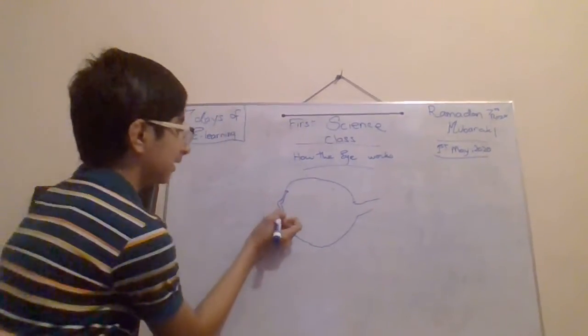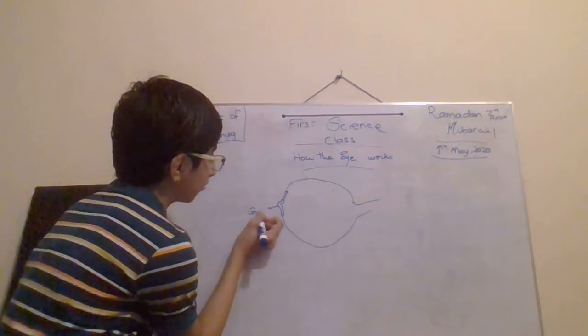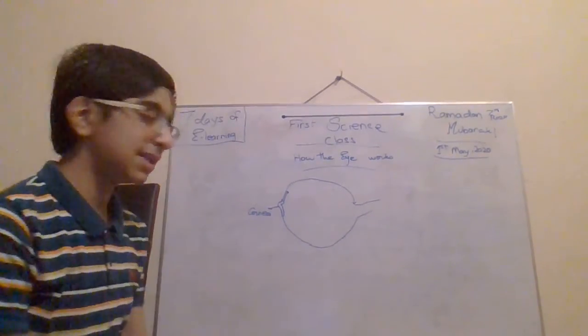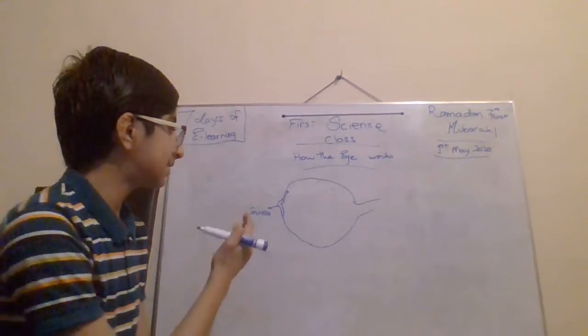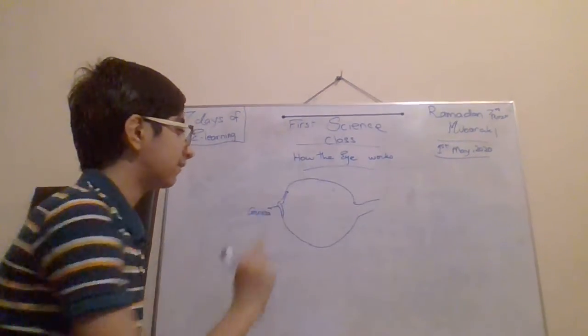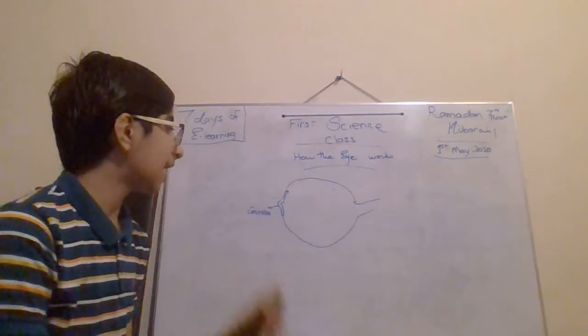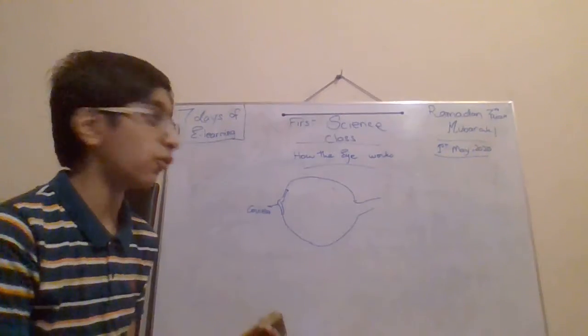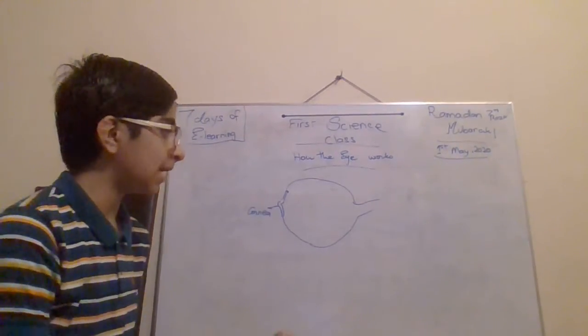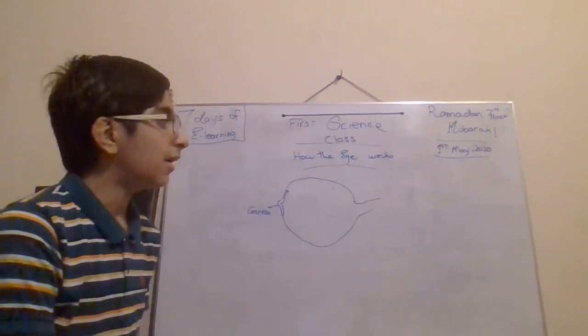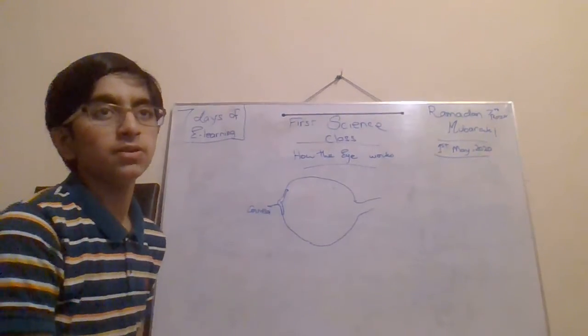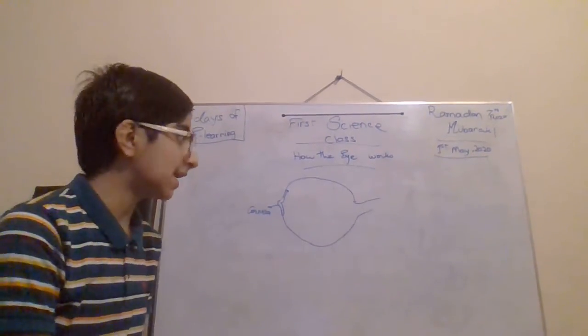The front part is called the cornea. This is the part which is actually called the window of the eye. This lets in the light and focuses it. It's made of a clear tissue which covers the eye from the outside.